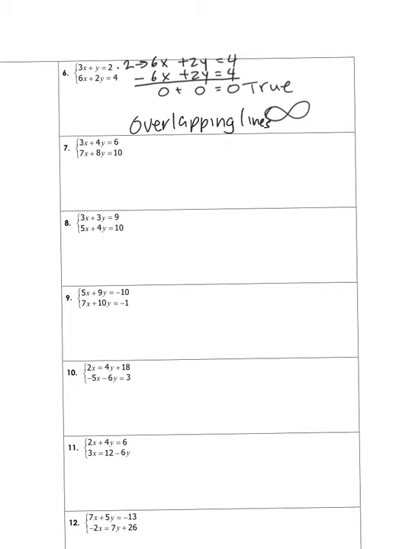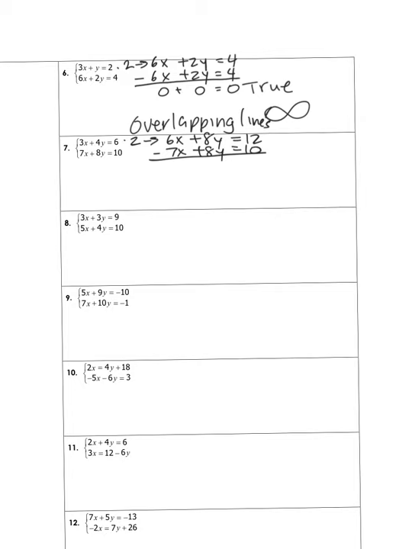Okay. Number 7. It looks like I can multiply the first equation by 2 and get the y terms to cancel out. So 6x plus 8y equals 12. And I'm going to subtract 7x plus 8y equals 10.